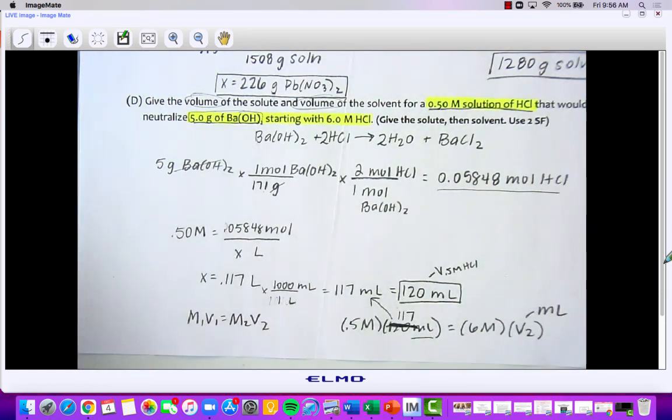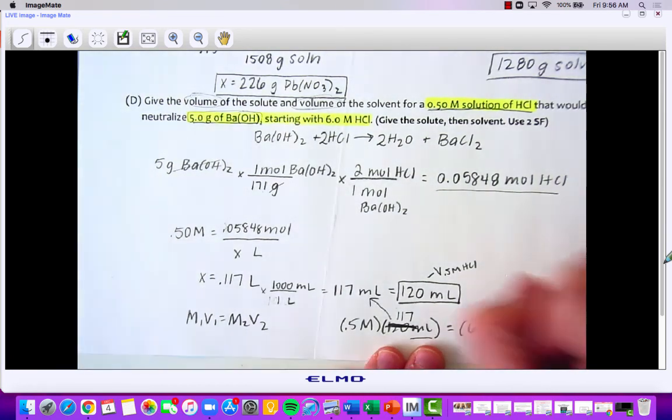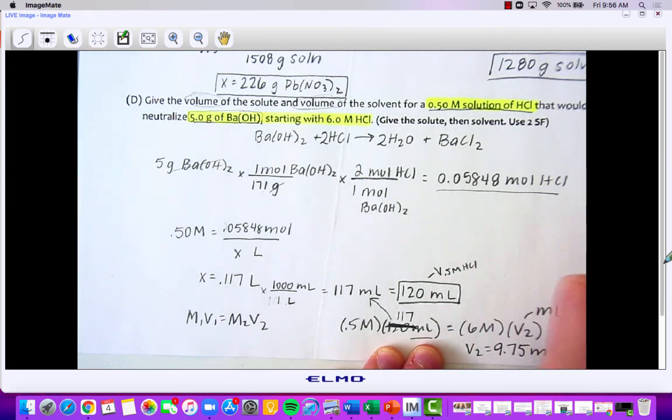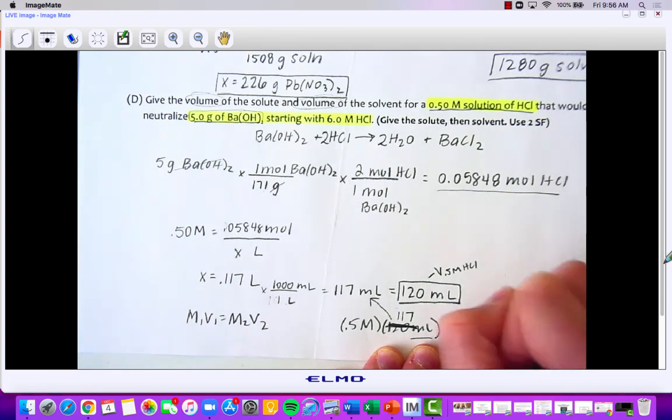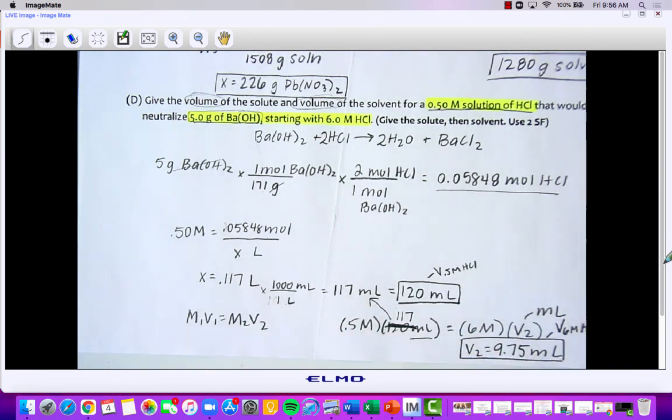So 0.5 times 117 divided by 6 gives me 9.75. So 9.75 milliliters is the volume of 6 molar HCl. So part D actually had us looking at stoich, using molarity, and using dilutions.